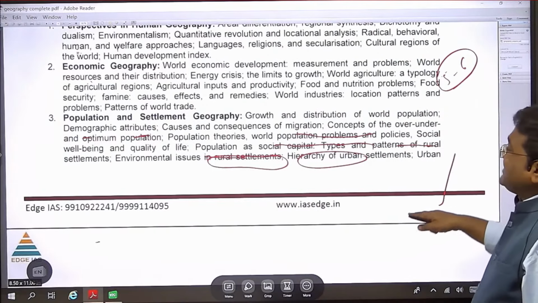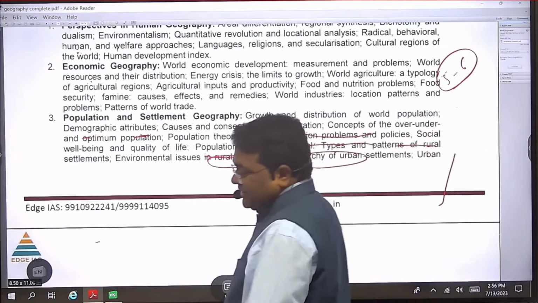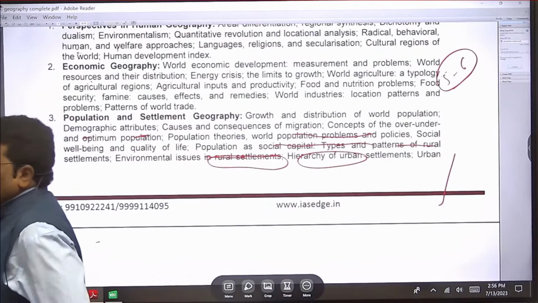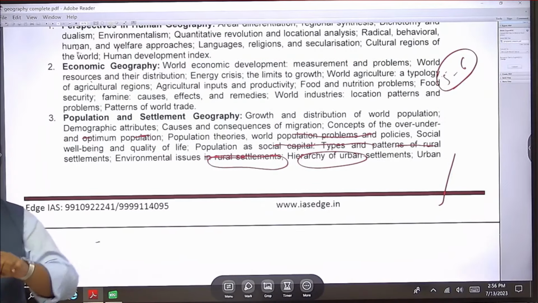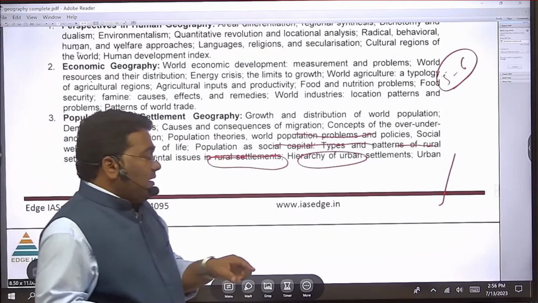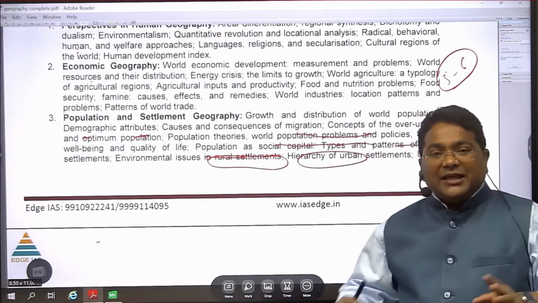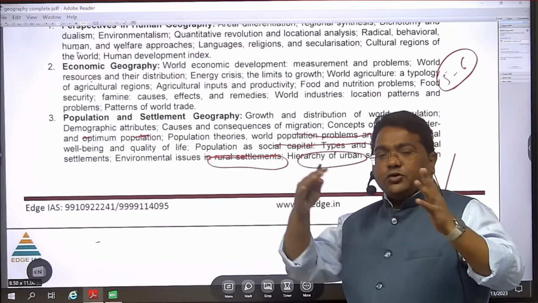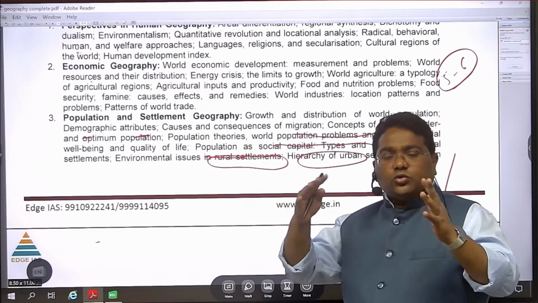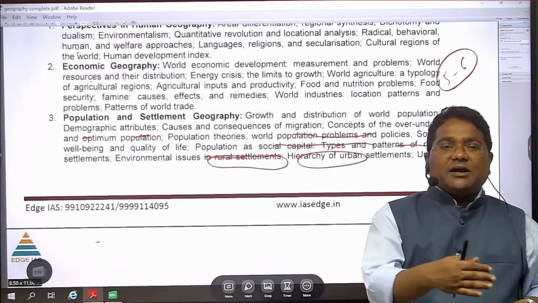Then population and settlement geography. Settlement, for example, you might have seen that in any city, the buildings or the blocks are either rectangular or square in shape, and after 15 to 20 or 20 to 50 houses the block ends and the roads converge.